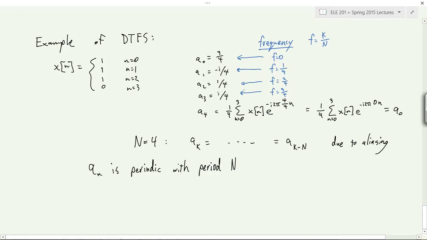I want to explain what this FFT shift does, and maybe I'll revisit it next time. It's simply noticing that due to aliasing, we know that A negative 1 equals A3, and A of negative 2 equals A2.